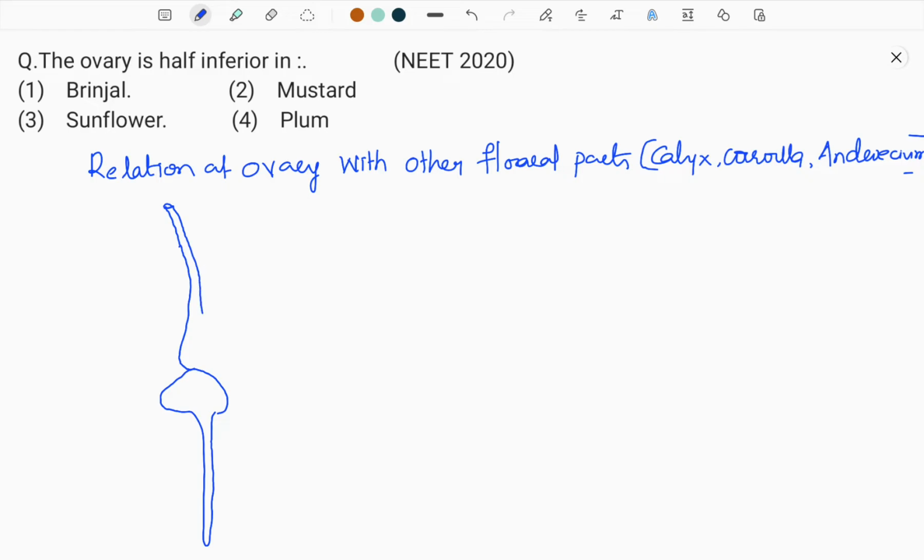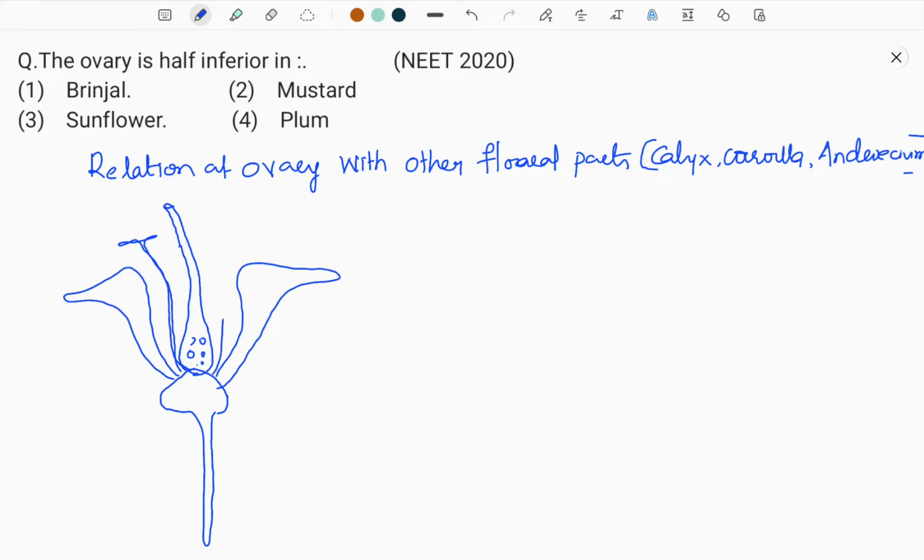Ovary in the sense the gynoecium, which contains the ovules inside. And the remaining floral parts like the corolla are present below the ovary. This is the calyx. And these are the stamens, of course, the androecium.